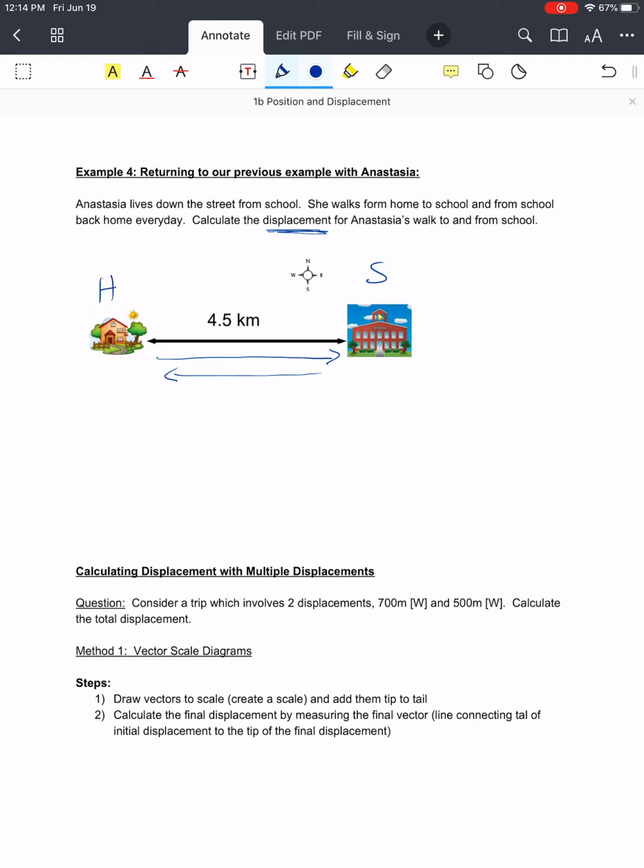We didn't explain why. We said this is called displacement. So now we understand what displacement is, we are going to show why. So your displacement is your final position minus your initial position. In order to calculate your displacement, I need my positions. In order to find my positions, I need a reference point.